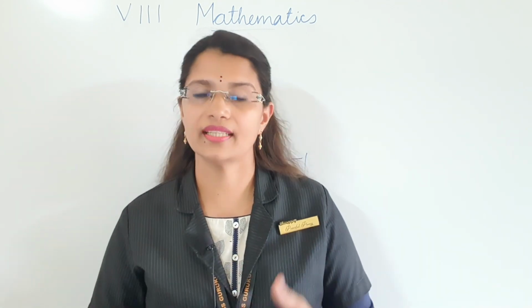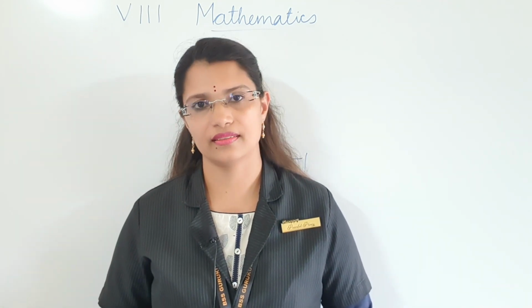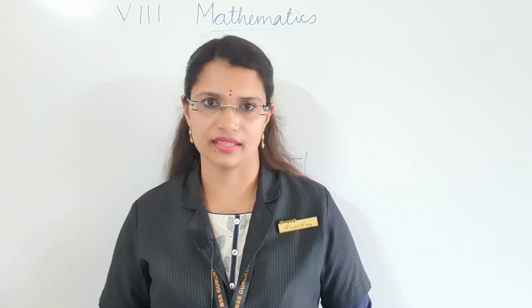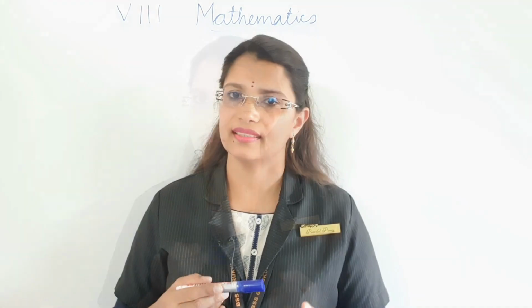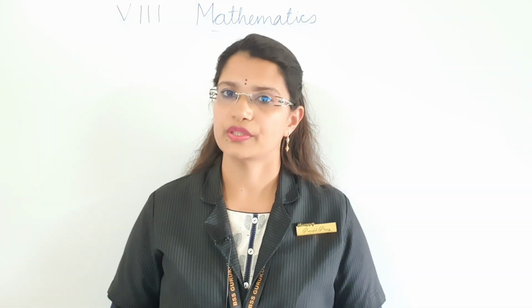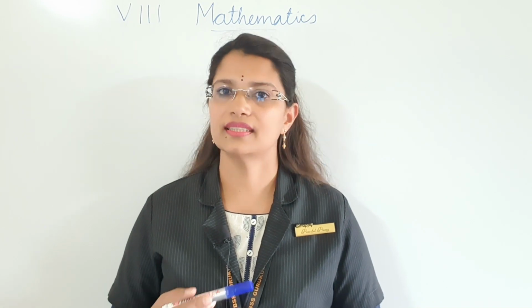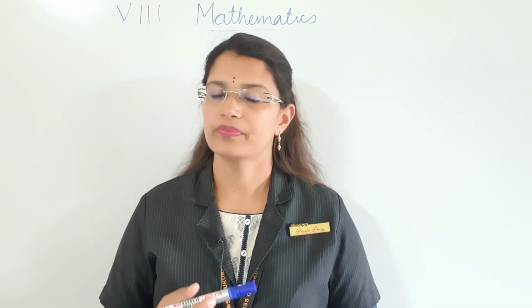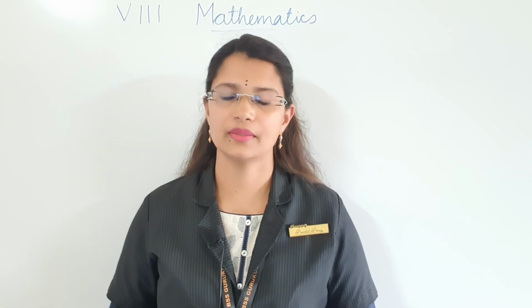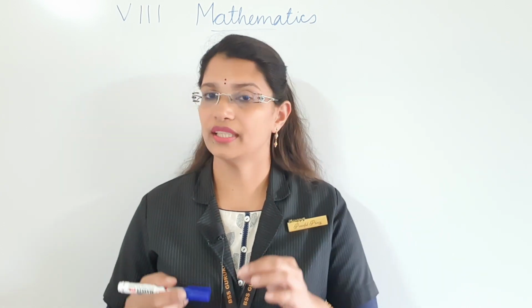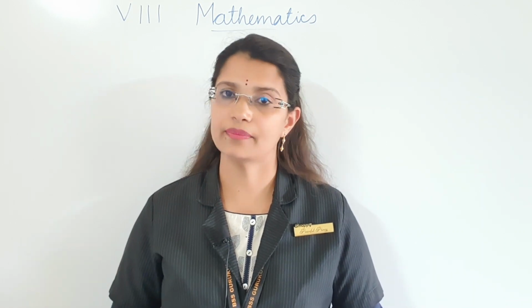Which are the different types of quadrilaterals? All 4-sided figures are quadrilaterals, right? Which are they? Rectangle, square, parallelogram, rhombus, trapezium, isosceles trapezium, etc. Right? In this chapter, we are going to construct the different types of quadrilaterals.